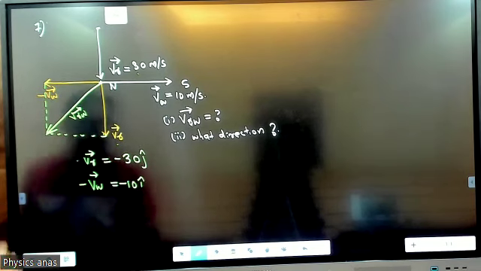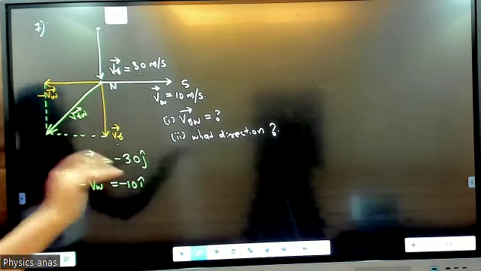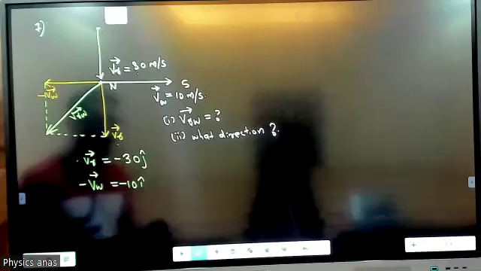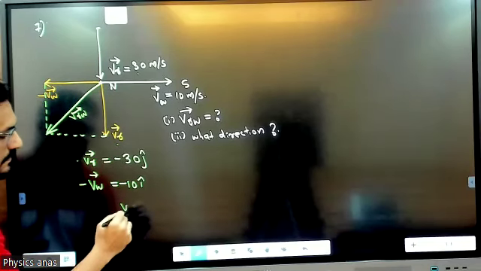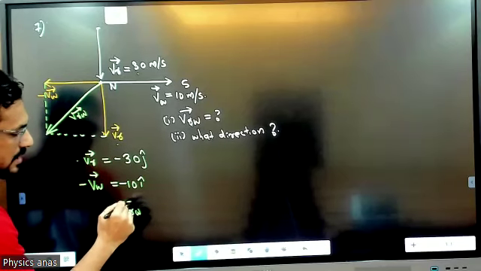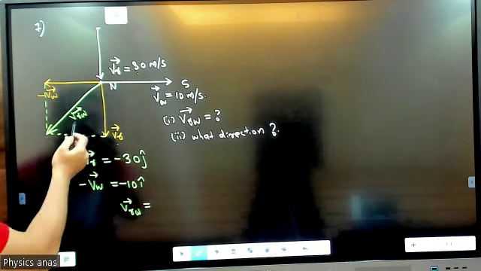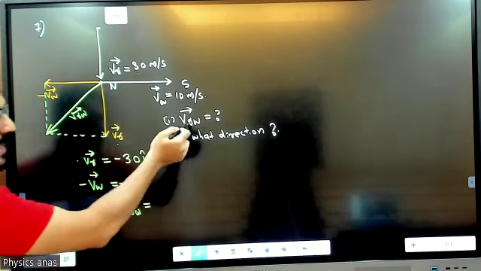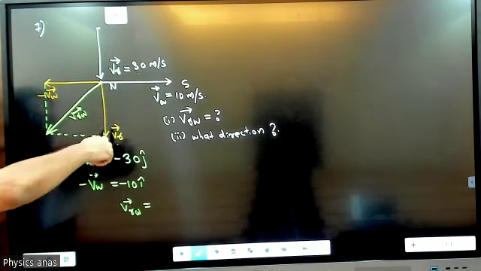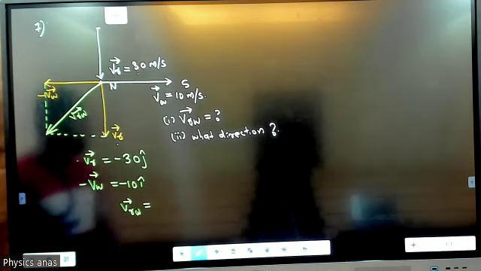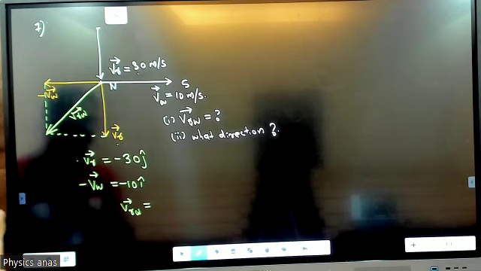So VW, the velocity vector of woman, will be minus 10 i cap. Now what is this VRW? VRW is the velocity of rain with respect to woman.